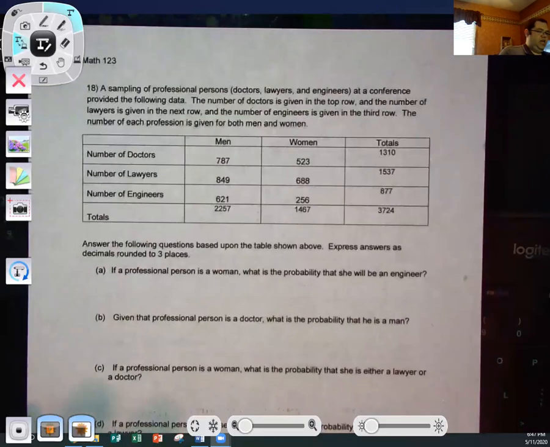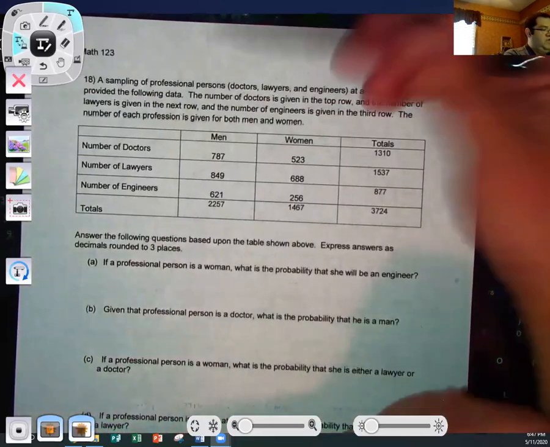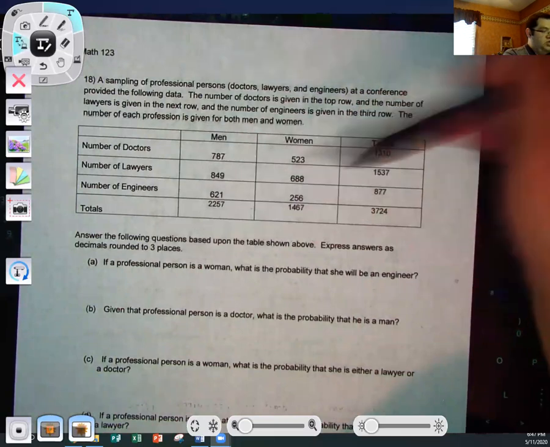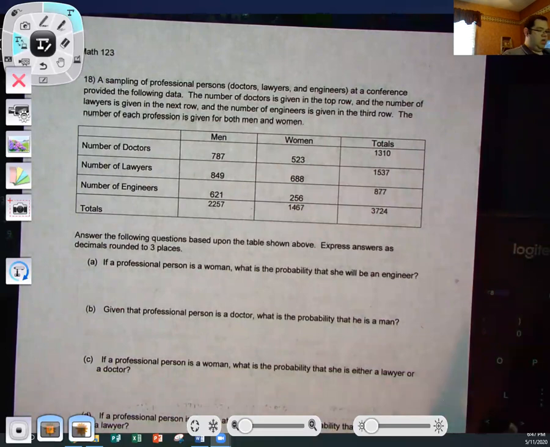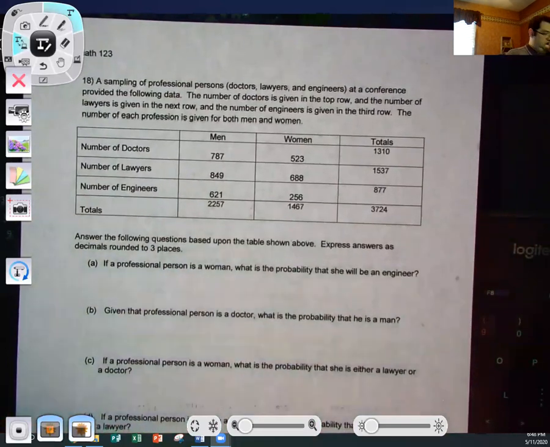Okay. So we're going to move on to question 18. Question 18 says, a sampling of professional persons at a conference provides the following data. They want us to answer the questions based on this information. And again, it says express your answer to 3 decimal places.